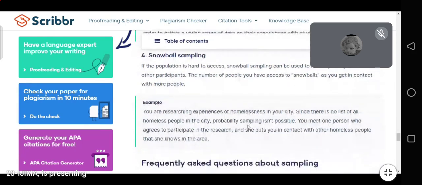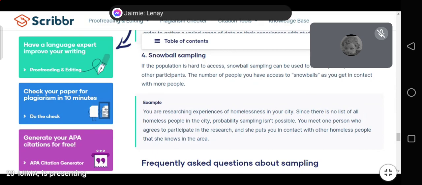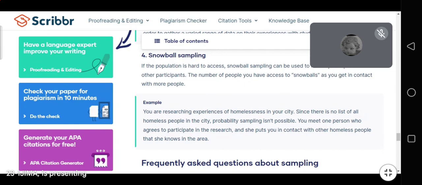So next is snowball sampling. This is the last of the non-probability sampling methods. If the population is hard to access, snowball sampling can be used to recruit participants via other participants. The number of people you have access to snowballs as you get in contact with more people. So snowball sampling is getting a participant or a sample through another participant.